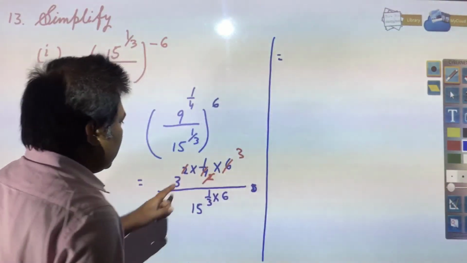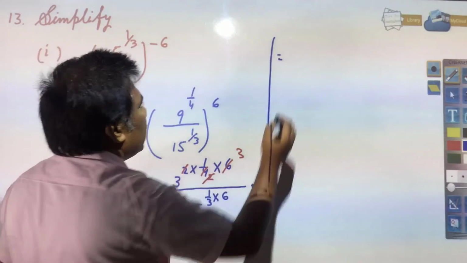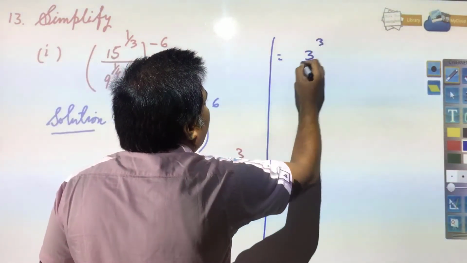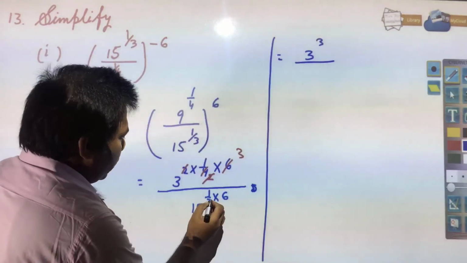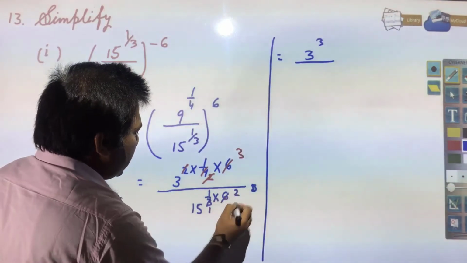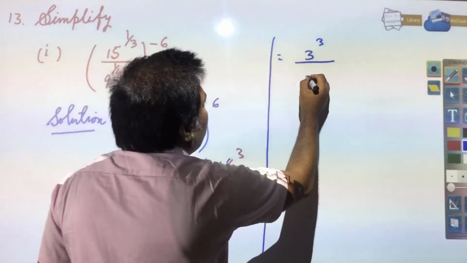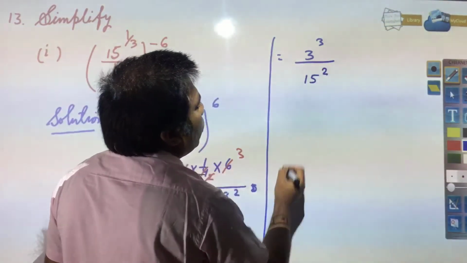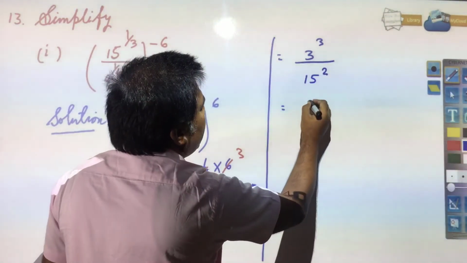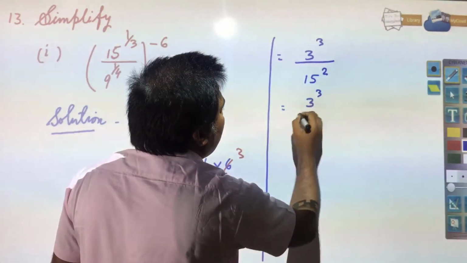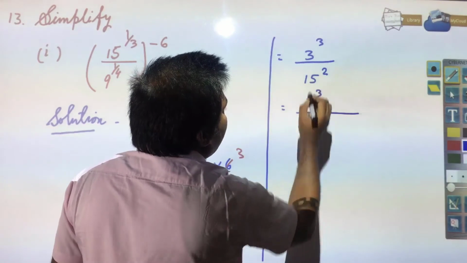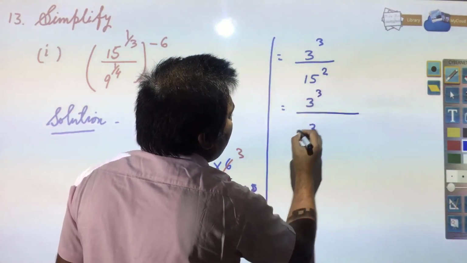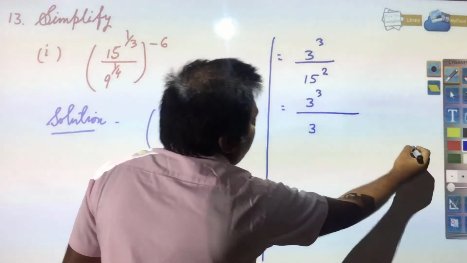Here you will get 3 to the power 3, divided by 15 to the power 2, since 3 ones are 3 and 3 twos are 6. It can be written as 3 to the power 3 divided by 15 to the power 2.